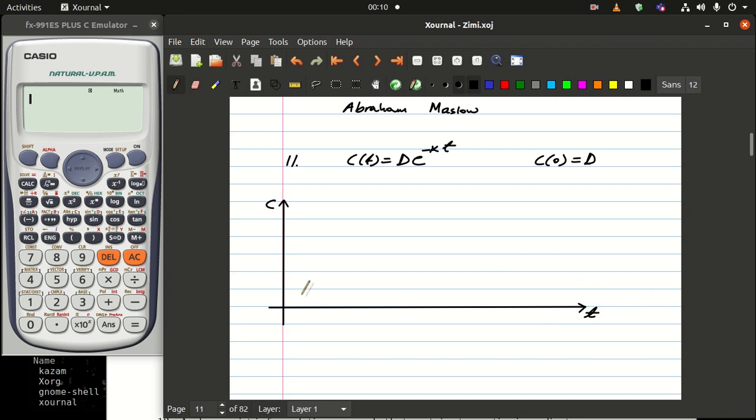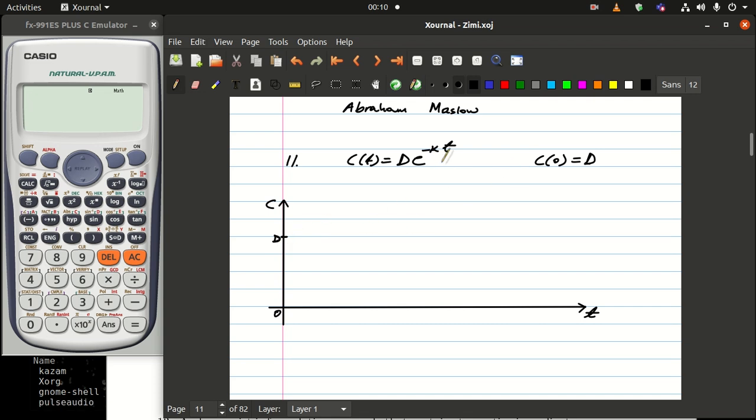So the moment at T equal to 0, the moment you just injected the dose, the dose is going to be D. That's the moment you just injected the dose, so the concentration is just going to be D there. It's going to be the whole dose. It's not going to be reduced or increased. It's going to be there.